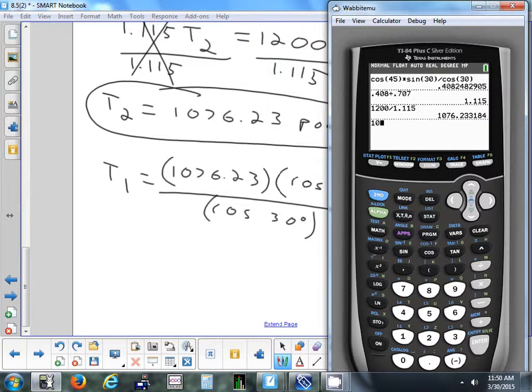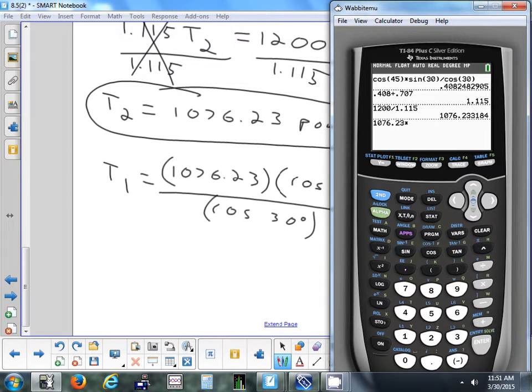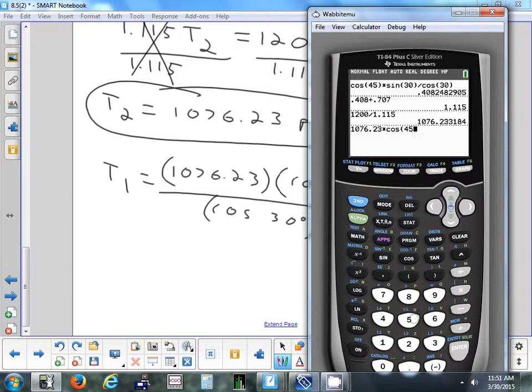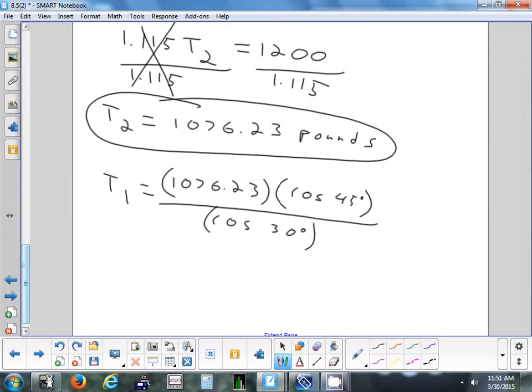Okay, let's see what we got. So we got 1076.23 times cosine 45 divided by cosine 30. Okay, so it's 878.74.